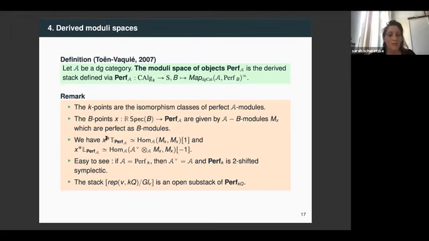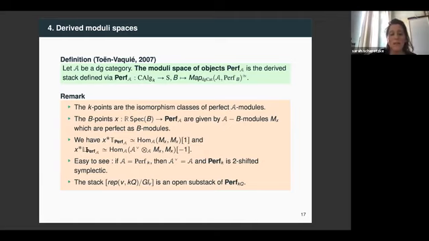We have very nice descriptions of the cotangent complexes in this case. This has also been computed by Toën and Vaquié. If I look at the pullback of the cotangent complex on Perf A, then the pullback should be a complex over R Spec B, and it is given as the Hom space between M(X) and M(X) as A-modules, where M is the bimodule that defines X, shifted by 1.